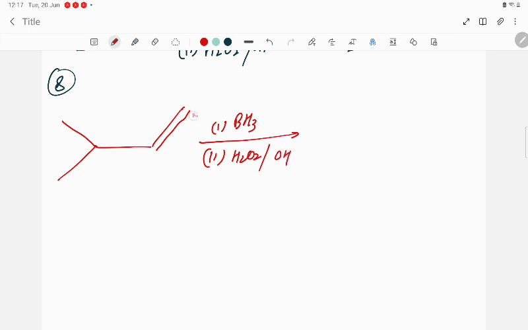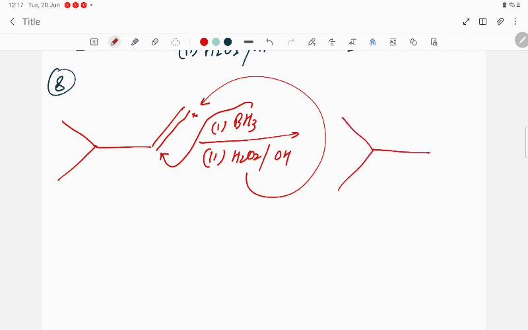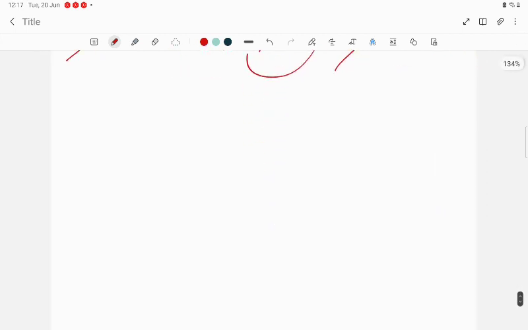Here the hydrogen is more and here the hydrogen is less, student. So the hydrogen of this will go here and OH will attack here according to the anti-Markovnikov rule. So what is the product here you will find, student? The OH forms at this position. So this is the product, student.